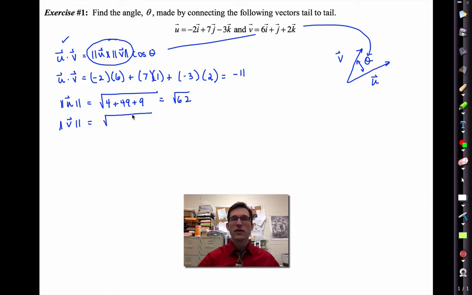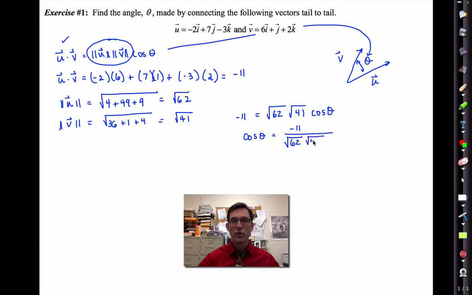Again, extended Pythagorean theorem, square the 6, square 1, square 2. We get root 41. And now we have a very nice equation. We can say, negative 11 is equal to the square root of 62 times the square root of 41 times the cosine of theta. So the cosine of theta is negative 11 divided by root 62, root 41.